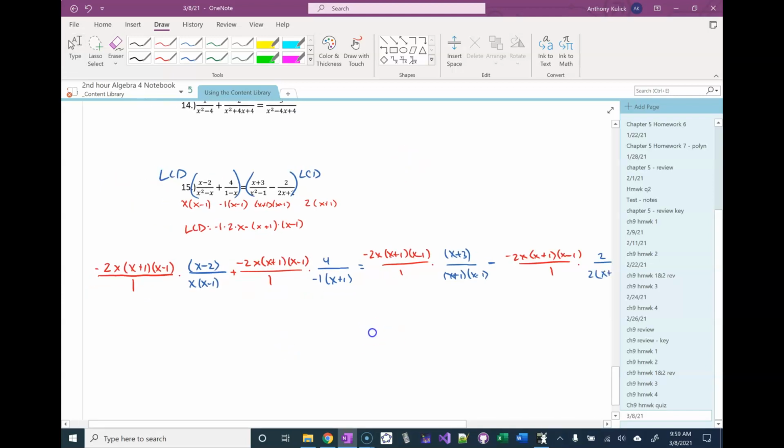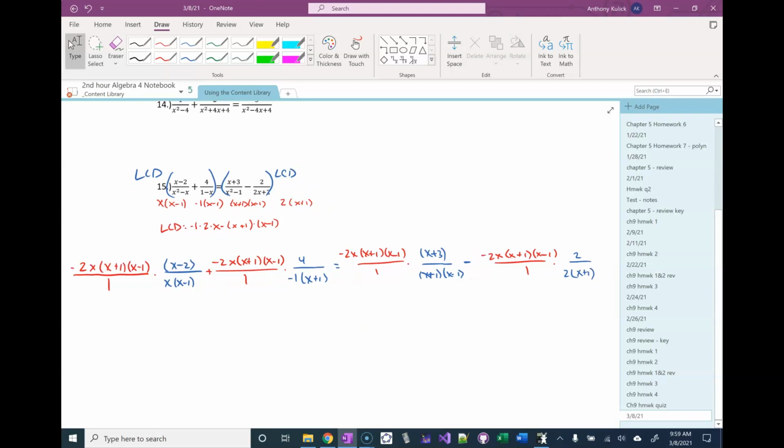And the next piece, I can get rid of that negative 1 and the x plus 1. And this is the place where I think I made my mistake. So I have 2x, and then 4 gives me 8x, and then my x minus 1. And x plus 1 and x minus 1. So negative 2x times x plus 3.